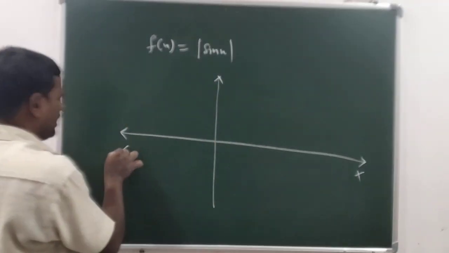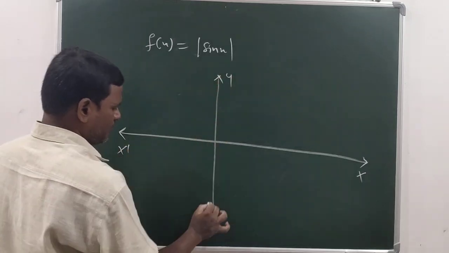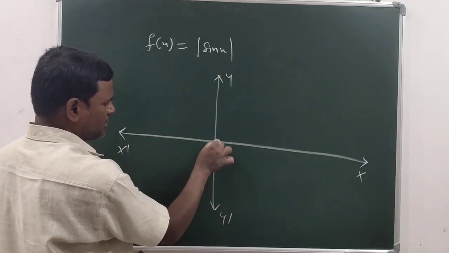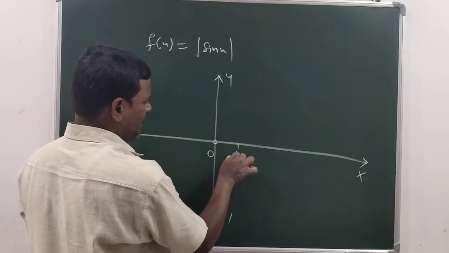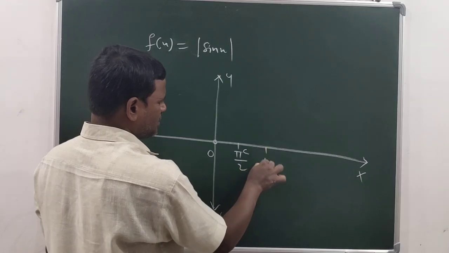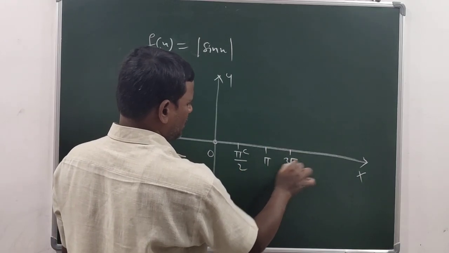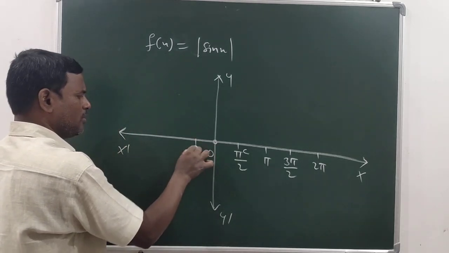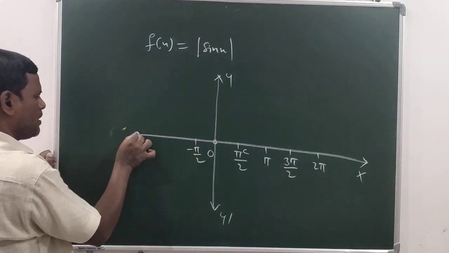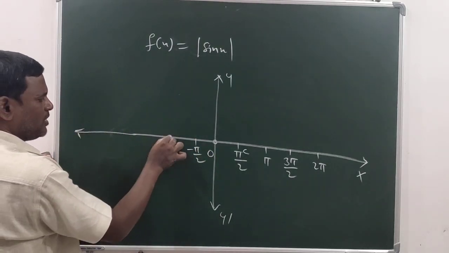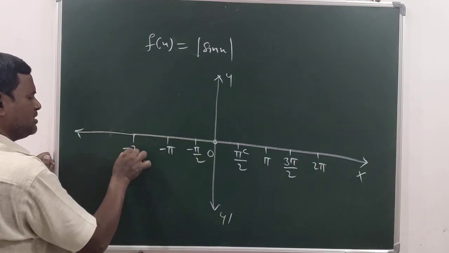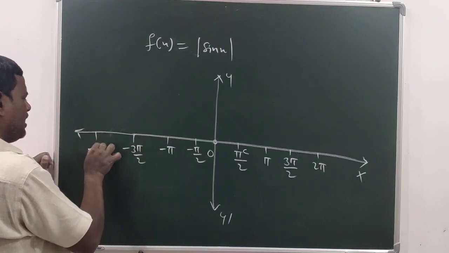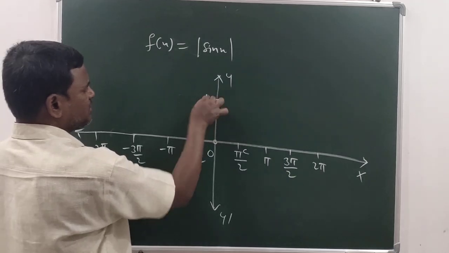X dash, y dash. This is the origin. Now this is 90, this is pi, now 3 pi by 2, 2 pi, minus pi by 2, minus pi, minus 3 pi by 2, minus 2 pi. Now here it is 1.